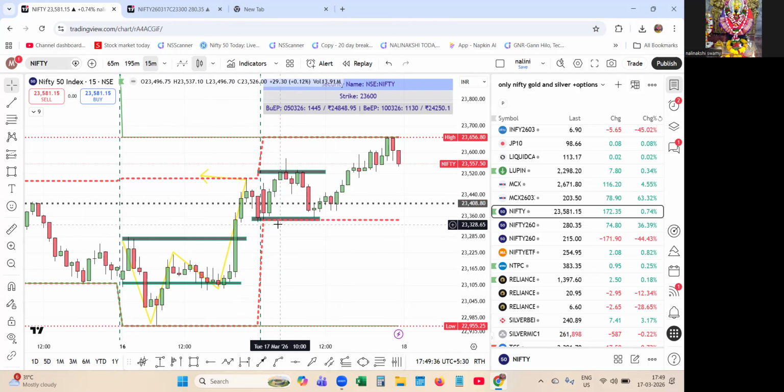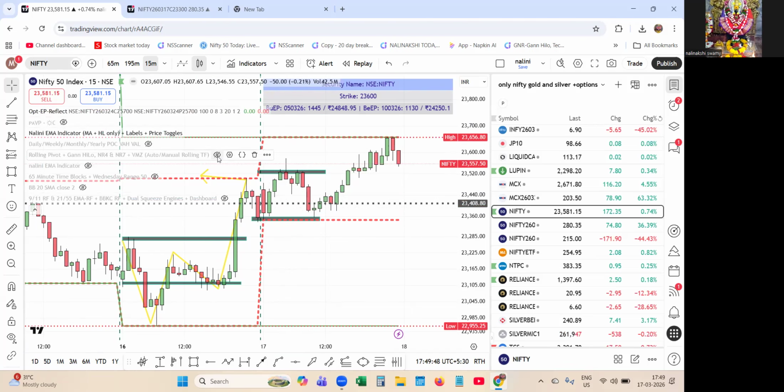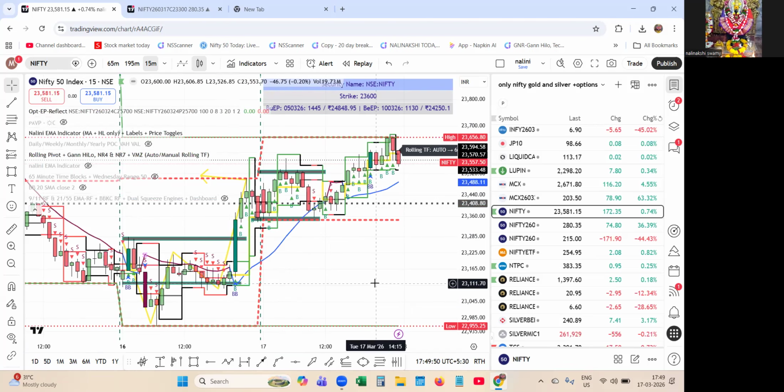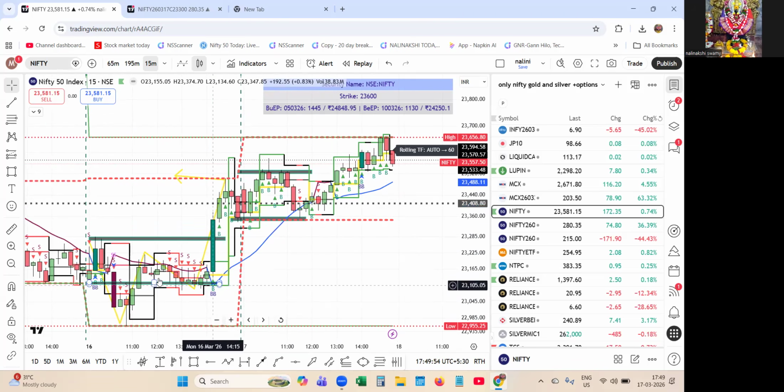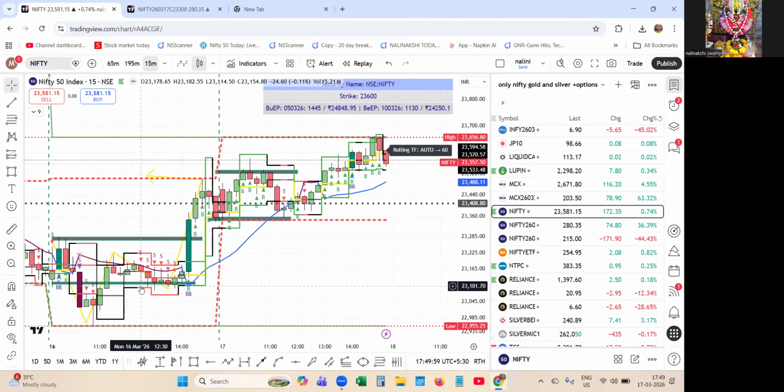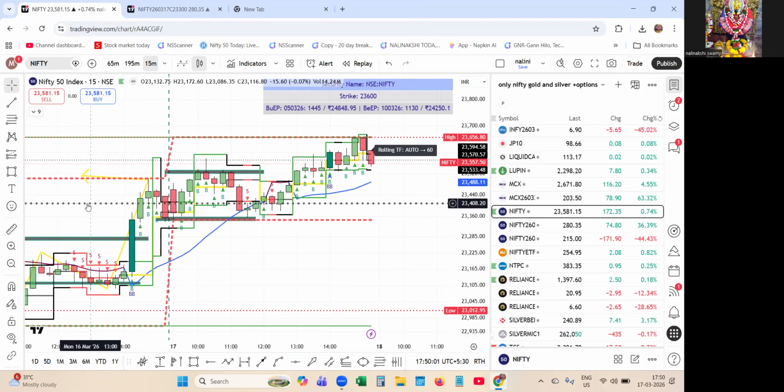Once I get a sense of the direction, as the market moved higher and came down, I'll apply my rolling pivot. When I apply the rolling pivot, you can see the boundary clearly here. This is the first hour candle rolling pivot.